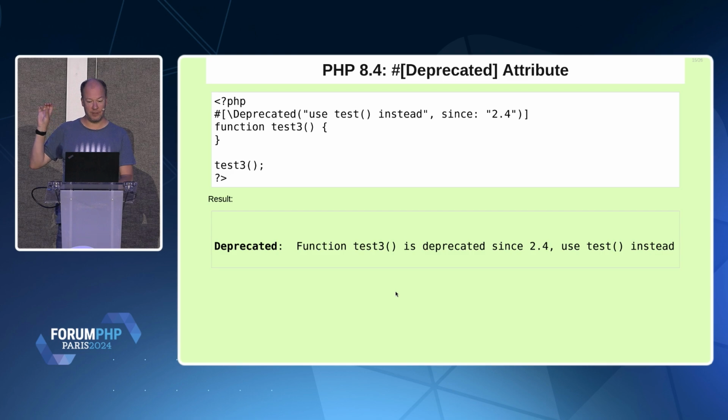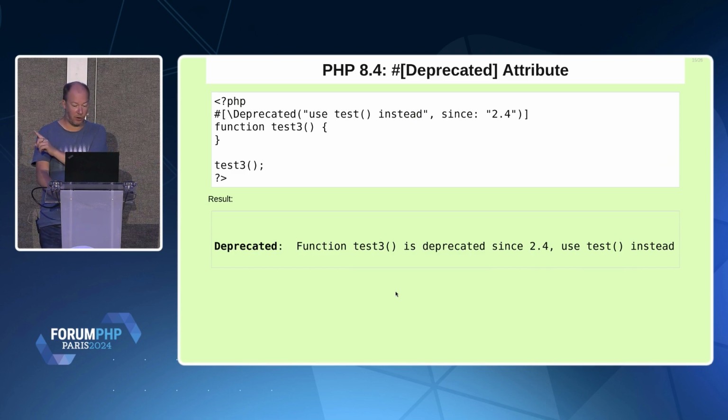And then there's also this extra argument called since, which gives you a free text form of providing some extra information about when this function or other thing was deprecated. If you use reflection, you can actually access this information, which is then useful in some other tooling to figure out, at least during development, why these things were deprecated.